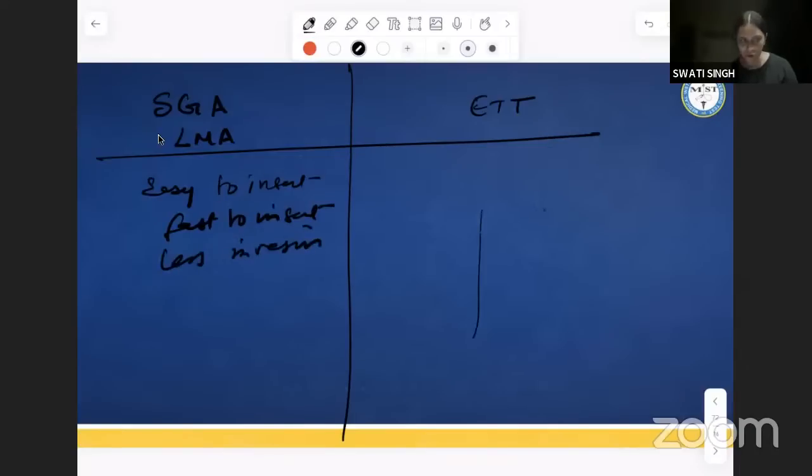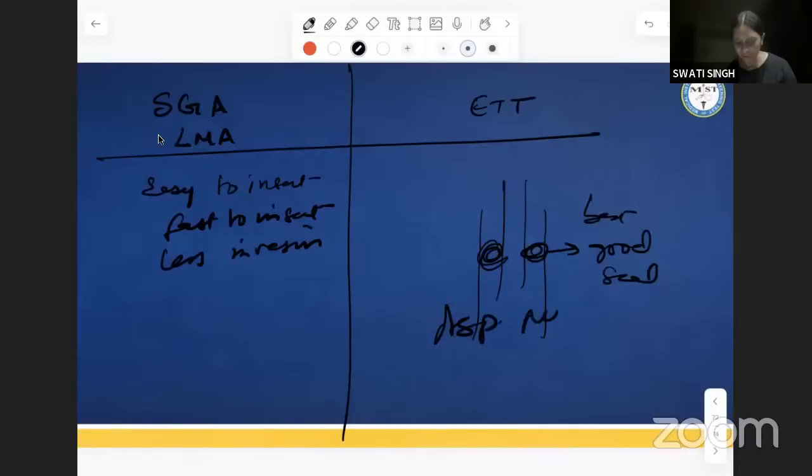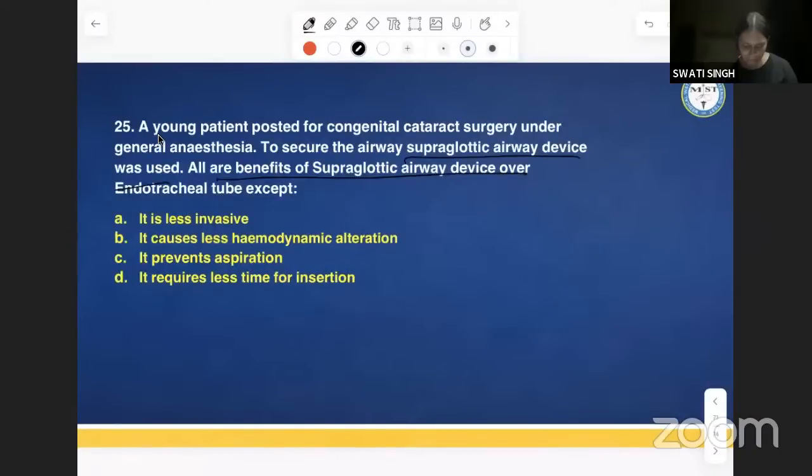But if this is the trachea, and I have put the tube and inflated the cuff, it creates a very good seal, the best seal, and aspiration is prevented. But this remains above the glottic opening. It also creates a seal, but this seal does not prevent aspiration as well as the ET tube does. So the answer has to be that it prevents aspiration.